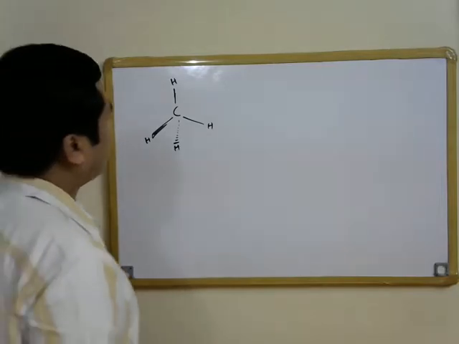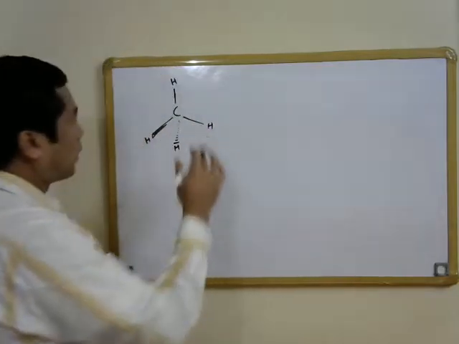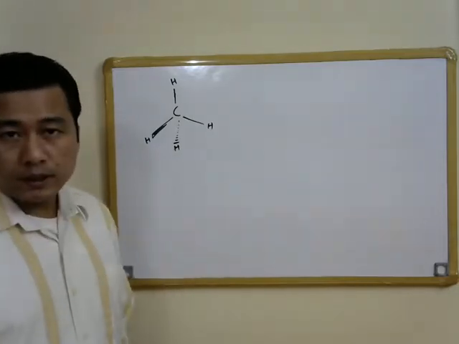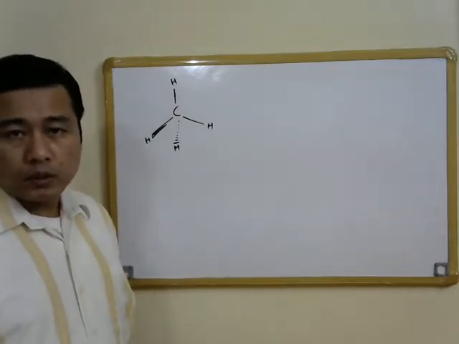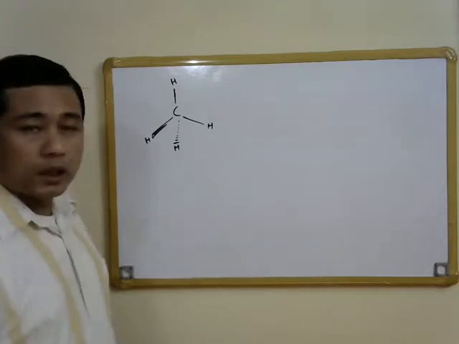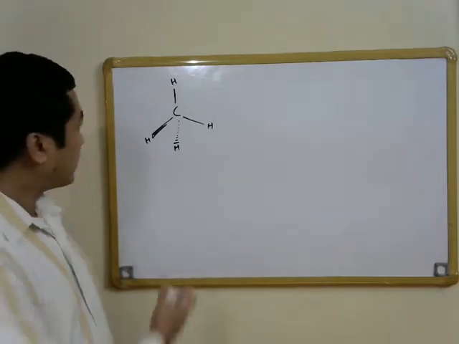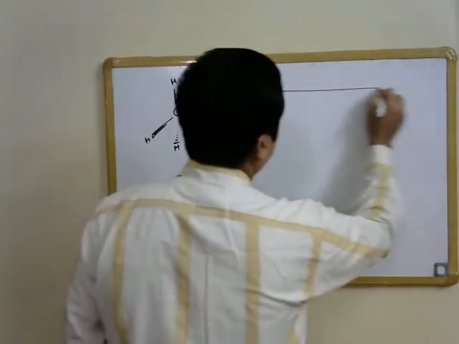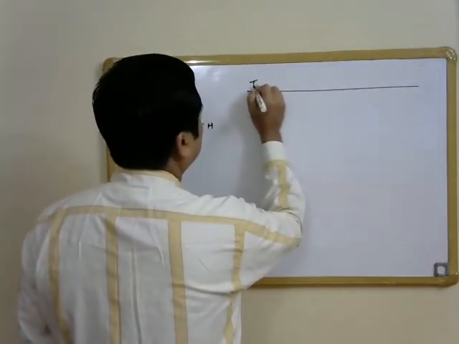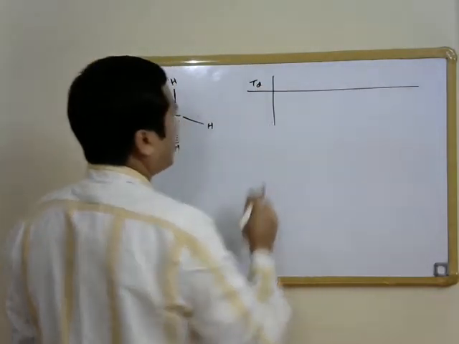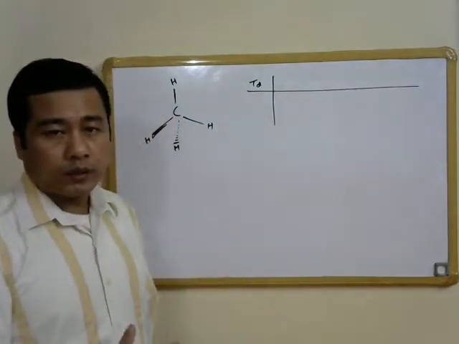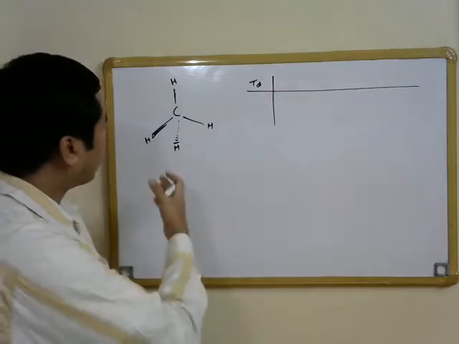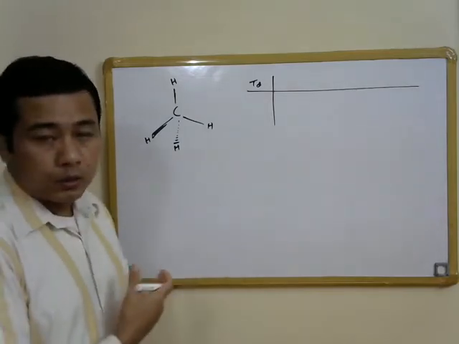We can take these bonds as the basis, and write a reducible representation by taking the bonds as the basis. Here these are the sigma bonds, and now we take the Td character table and find out the characters of different symmetry operations for this reducible representation.